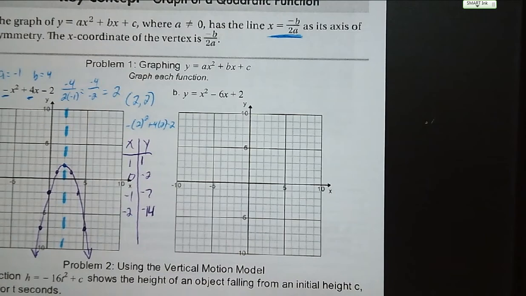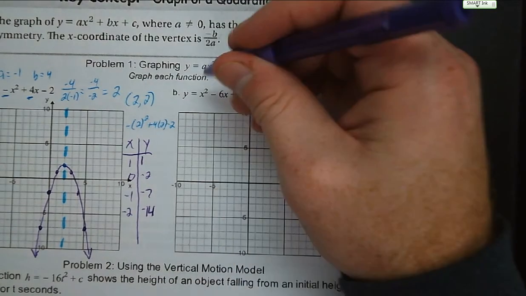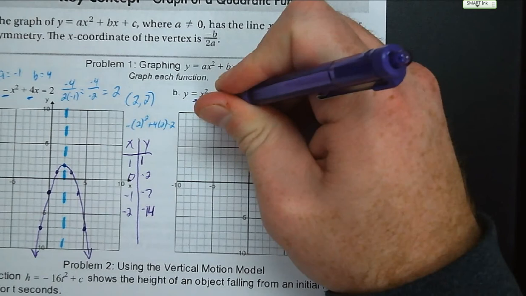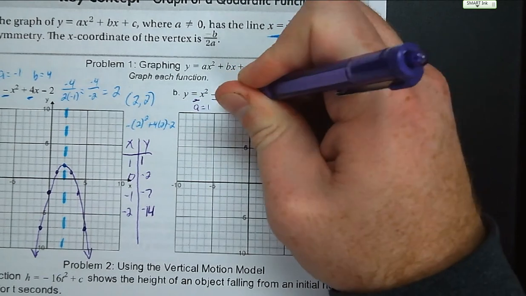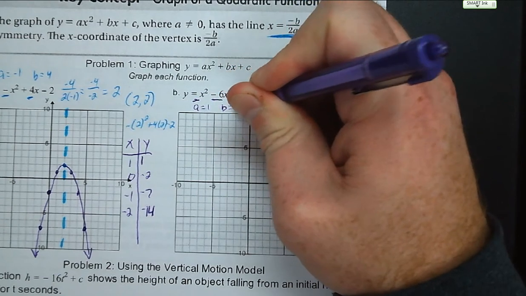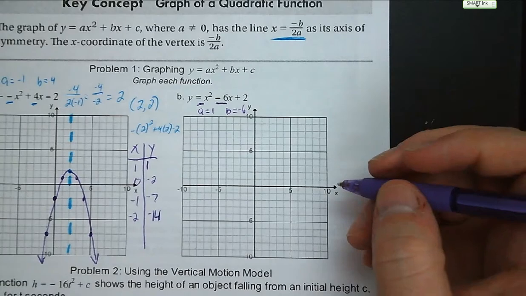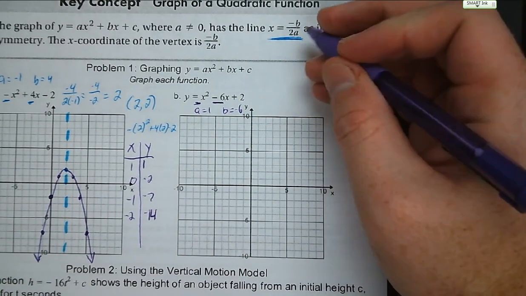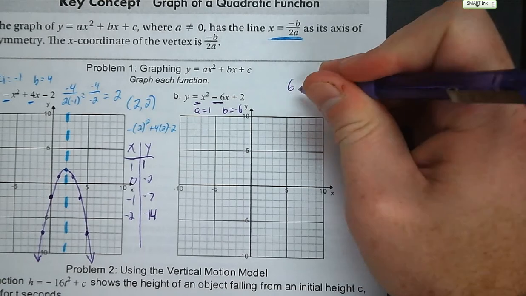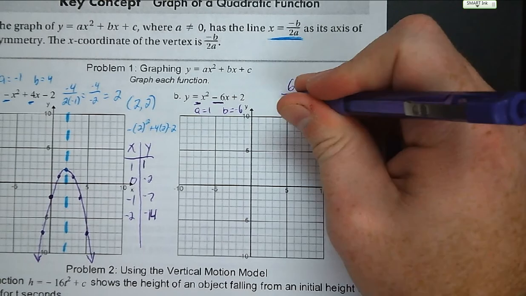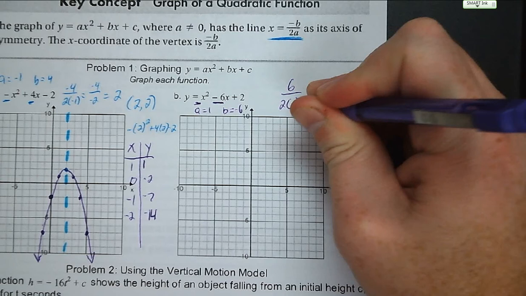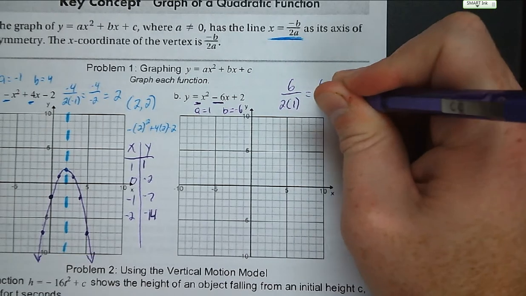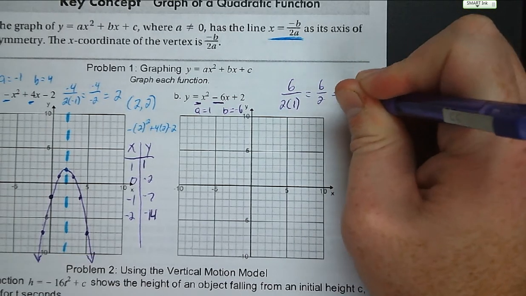All right, letter B. Our a value is 1. Our b value is negative 6. So we've got the opposite of b, so the opposite of negative 6 is positive 6 over 2 times a, which is 1. So we have 6 over 2, which is 3.